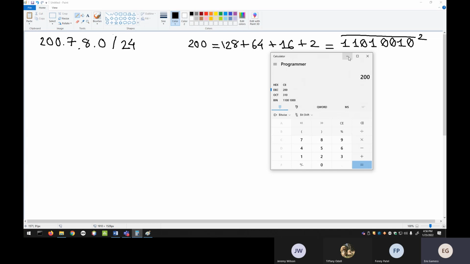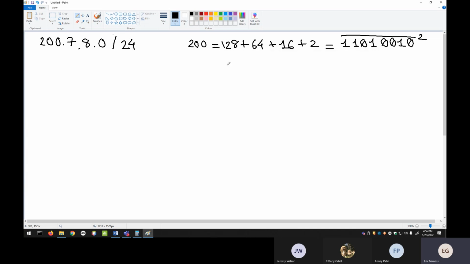So it's not correct. So 200 is 128 plus 64, which will be what? 192. Oh, 192 plus 8. That's correct. So it's 192 plus 8. So it was incorrect, thanks to God. I did doubt what I was writing.